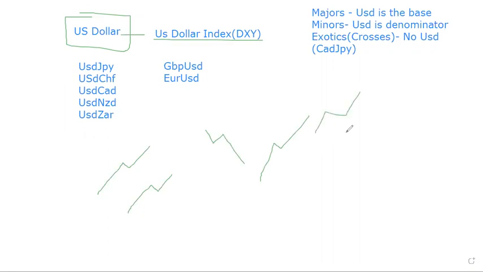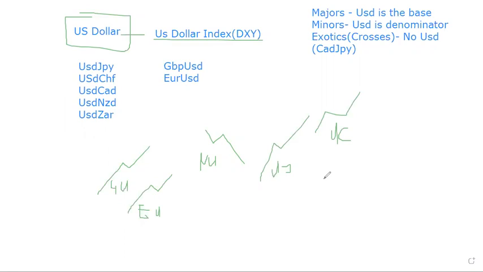This is UC, this is UJ, and this is NZD USD, NU. This is GU, this is EU. So we have a bullish chart on GU, a bullish chart on EU, a bearish chart on NU, a bullish chart on UJ, a bullish chart on UC. I might not go beyond these five.